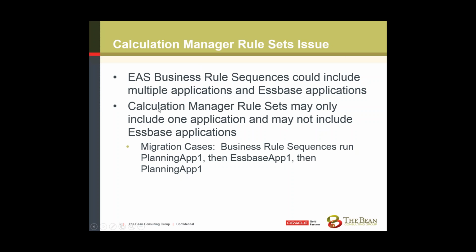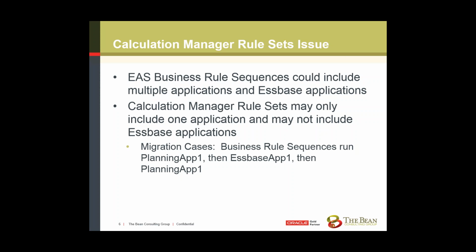So the issue with this is that Calc Manager rule sets can really only include one application. So when I create a rule set in Calc Manager, all of the rules that are included in that rule set have to be from the same application. So they all have to be part of that planning application, or they have to be part of the Essbase application.